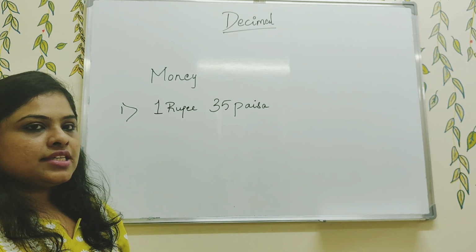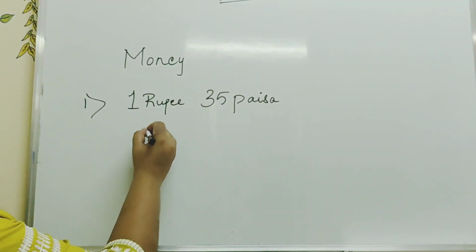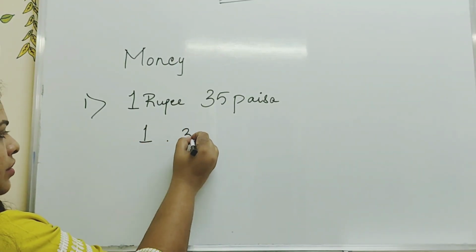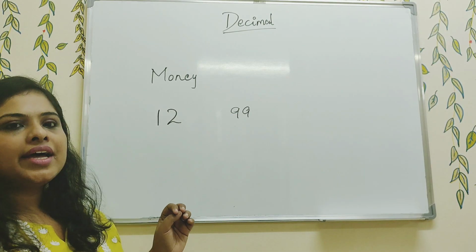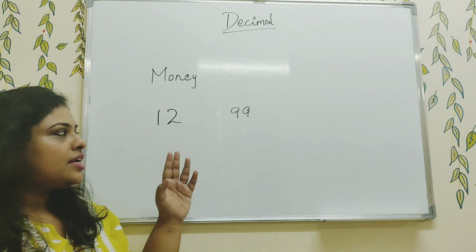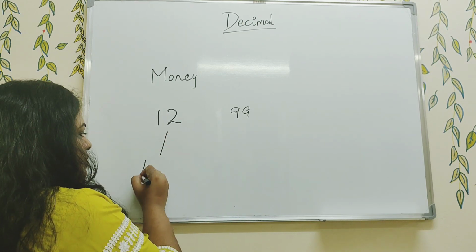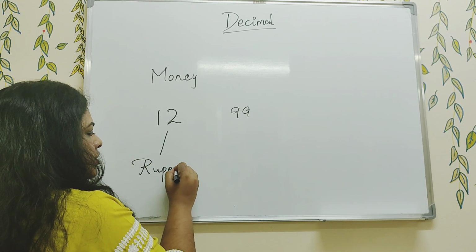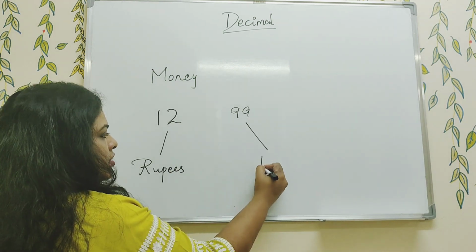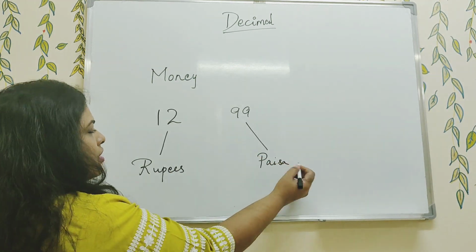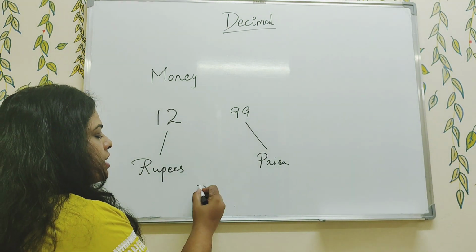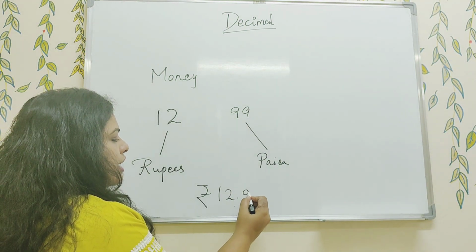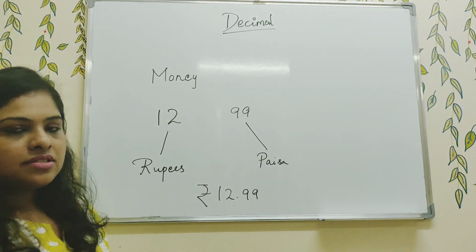How do we use it in decimal format? We use it as 1.35 rupees. I have written 12 and 99. 12 comes under rupees and 99 comes under paisa. 12 rupees 99 paisa. When we write it in short, it is 12.99 rupees.